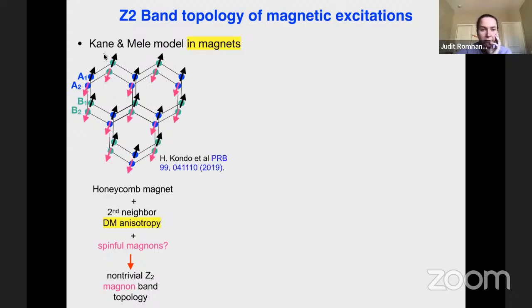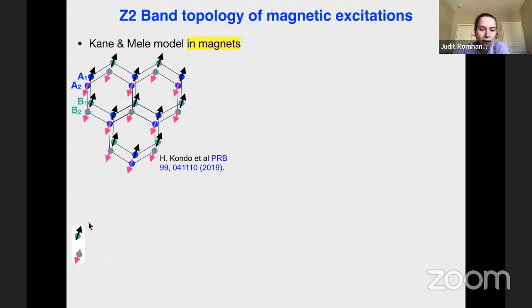So if the bottom layer, or the top layer, has a spin pointing in one direction, then I can couple it antiferromagnetically to another layer that will have a spin configuration in the opposite direction. So this was the first proposal, as far as I know, for these magnetic excitations to realize the Z2 band topology. And in this case, can I ask a question there?